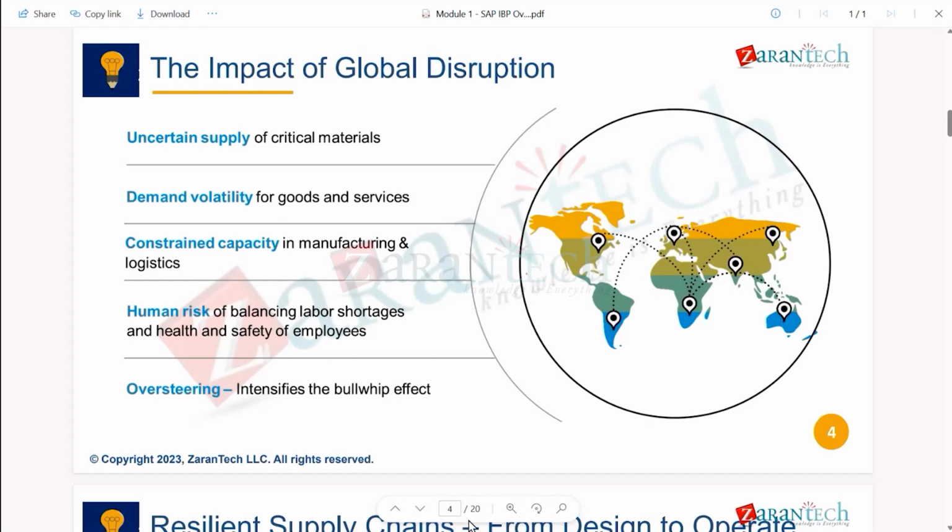So the next one is what we call as a constrained capacity in the manufacturing and logistics organization. So often the organizations are always focusing on having the right capacity in place, which will meet the customer demand. But as we understood from the previous sentence that there is a lot of demand volatility.